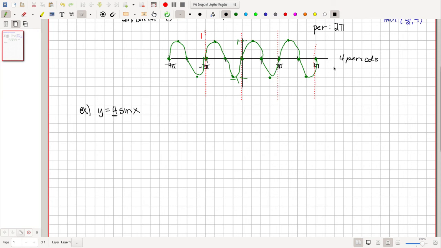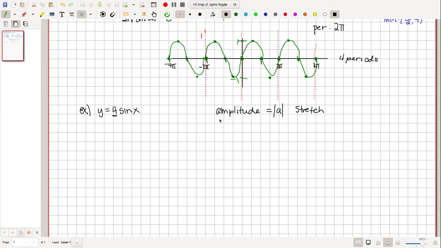In trig, if there is a number in front of your trig value, that is called the amplitude. Your amplitude is equal to the absolute value of A, and that is your stretch.